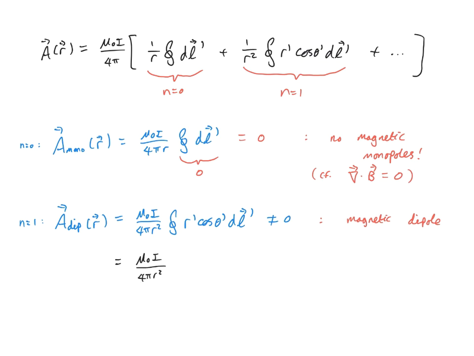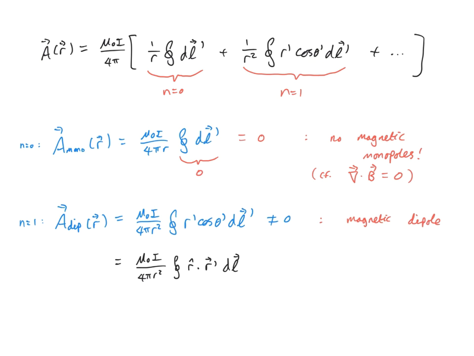Instead of writing this integral, which involves this cos theta primed, I'm going to write this as r hat dot r primed integrated around dl. R hat is a unit vector in the r direction, and r is the position of the field point where we're evaluating the vector potential. Because it's the dot product, it will give us for free this cos theta primed contribution.